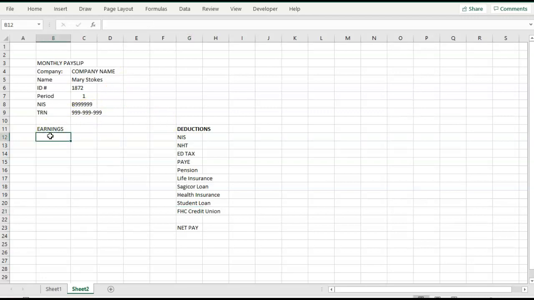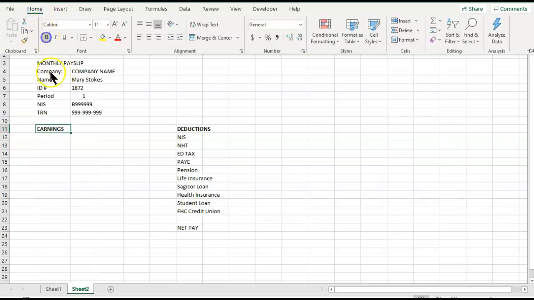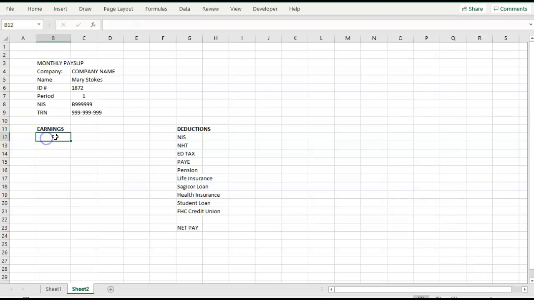So when you go over to earnings, we will have your basic pay. And to show that your basic pay is taxable, I'm going to put the initials TX beside it.